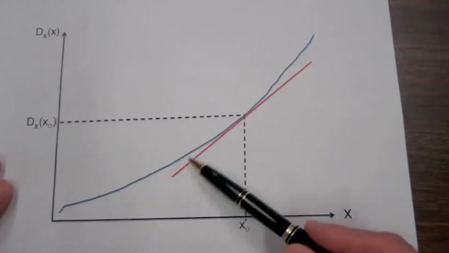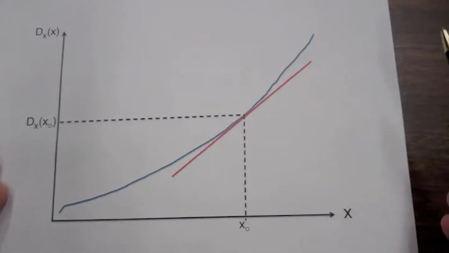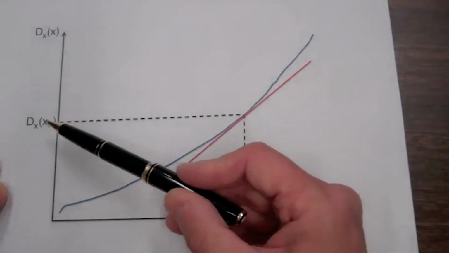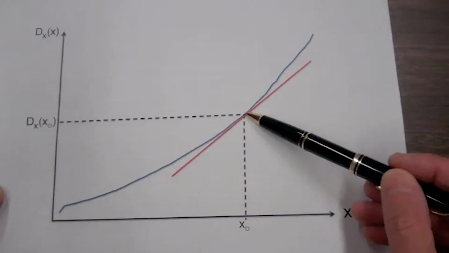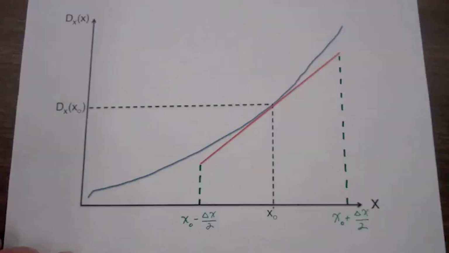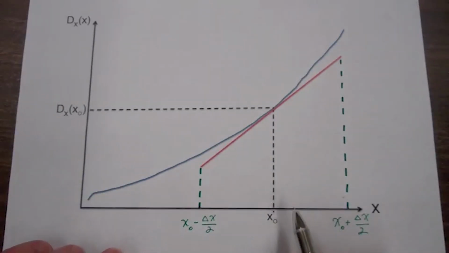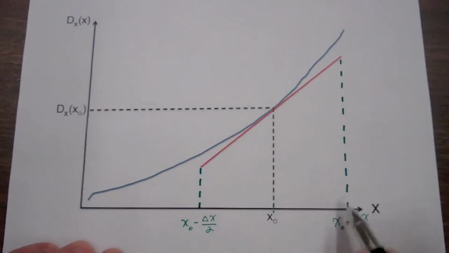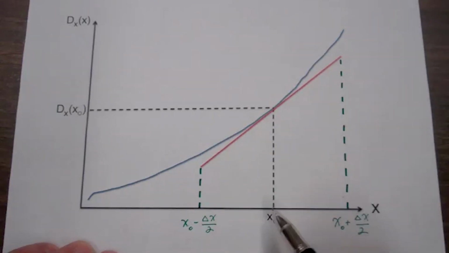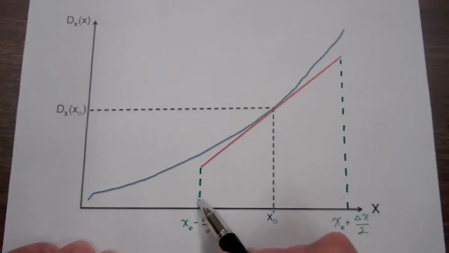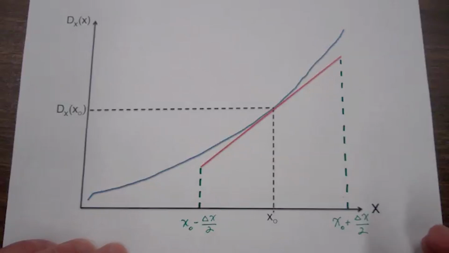And we also know the slope at x sub 0. So this line is the slope of D sub x with respect to x at x sub 0. If we move a distance delta x over 2 from x sub 0, we're on the front face of our cube, and if we move a distance delta x over 2 to the left of x sub 0, we are at the back face of the cube.